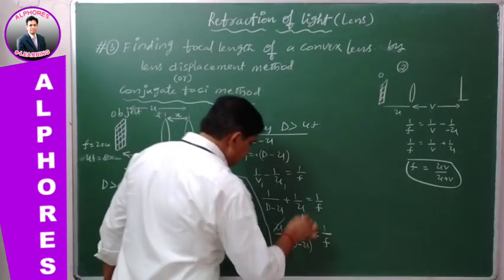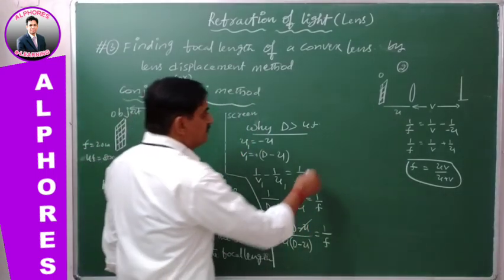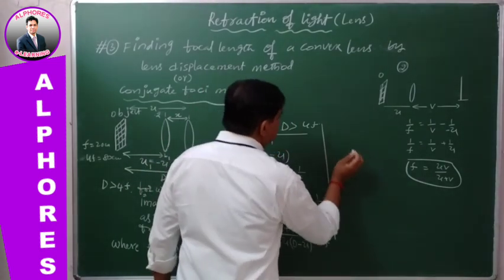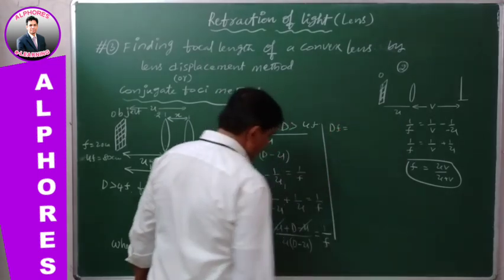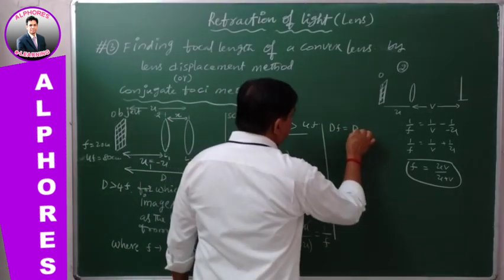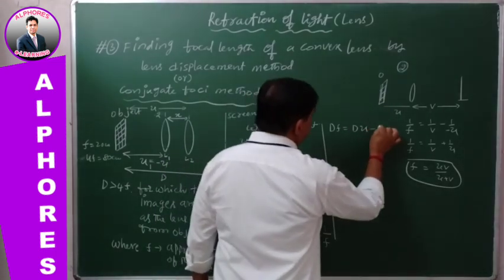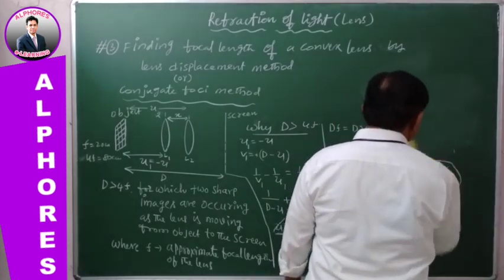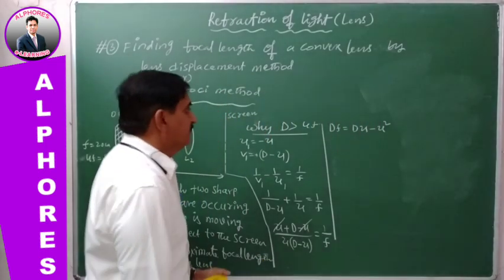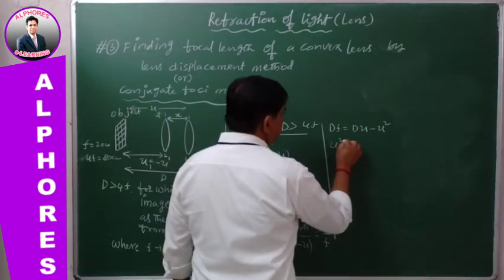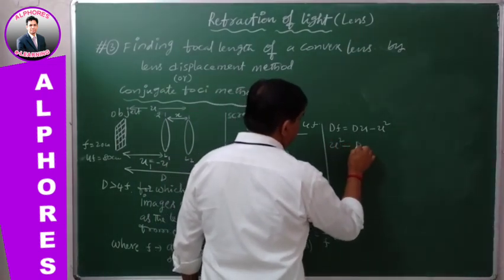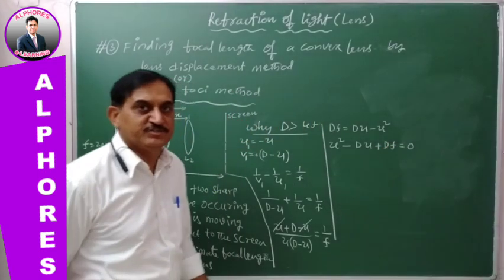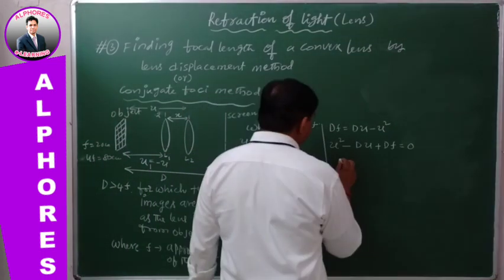So u and minus u get cancelled. Simplifying this, Df is equal to Du minus u square. So u square minus Du plus Df is equal to 0. This is a quadratic equation. From this quadratic equation you can get the u value.